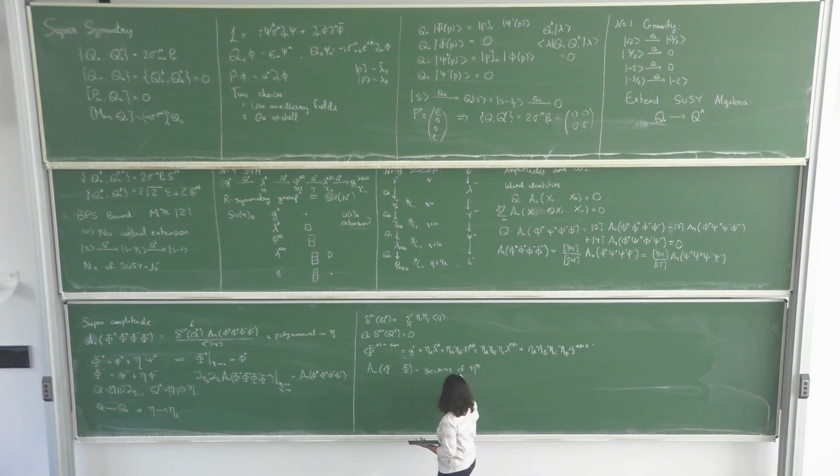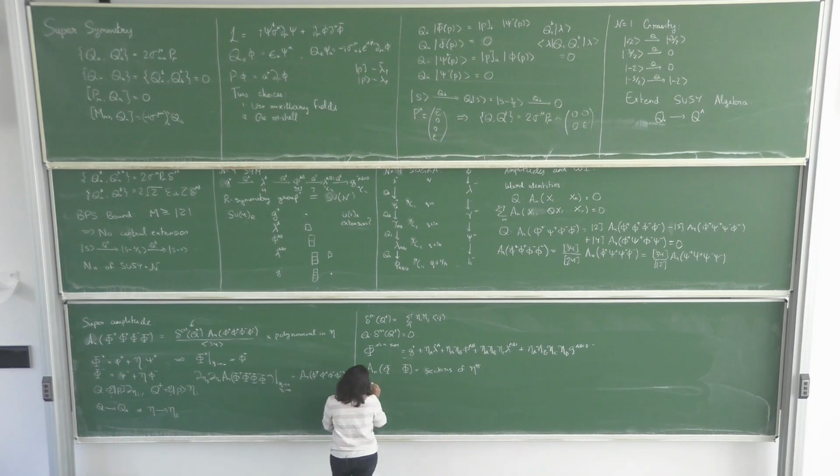So yesterday, for example, what I said was an MHV amplitude is one that has 2 minuses and the rest pluses, right?